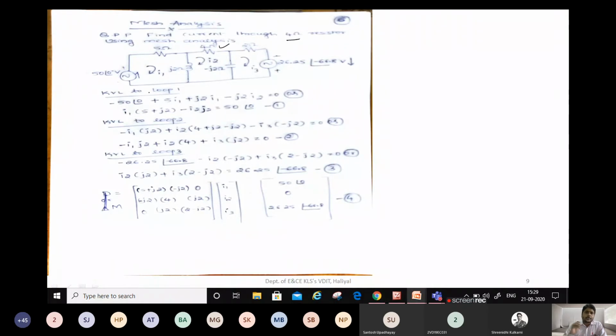And as usual, how we used to apply KVL, again you apply the KVL. Here we have the polarity plus and minus. This is minus and plus. So if you go on applying KVL to loop 1, what I will get is minus 50 at an angle 0 plus 5 times I1 plus j2 times I1 minus j2 times I2. Okay.